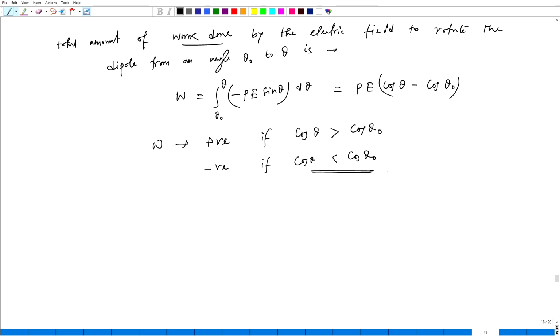Theta naught is your initial angle, and theta is the final angle. If we increase theta, then cos theta value actually decreases, and the work done is negative.